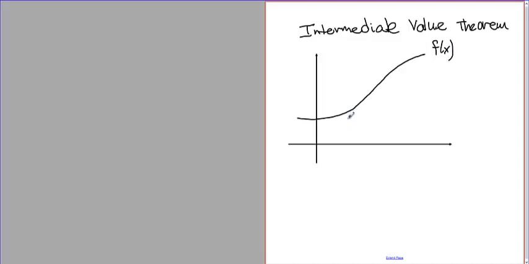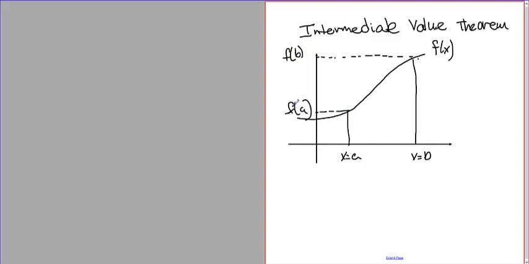And there are two values of x, x equals a and x equals b. And if you go up to the function and then read off to the left, you get the values of the function. So at x equals a, the value of the function is this value. You read that off the y-axis. Same thing here. This is f of b.